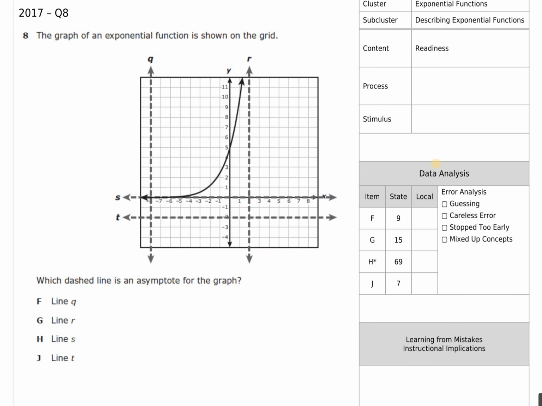It's asking us about the asymptote. We know that the asymptote is the line that our function, as it's curving down, approaches but never crosses, never touches, in fact. And so T, while it's going in the right direction, is too low. Our exponential function is up higher. We know that this is not an asymptote.